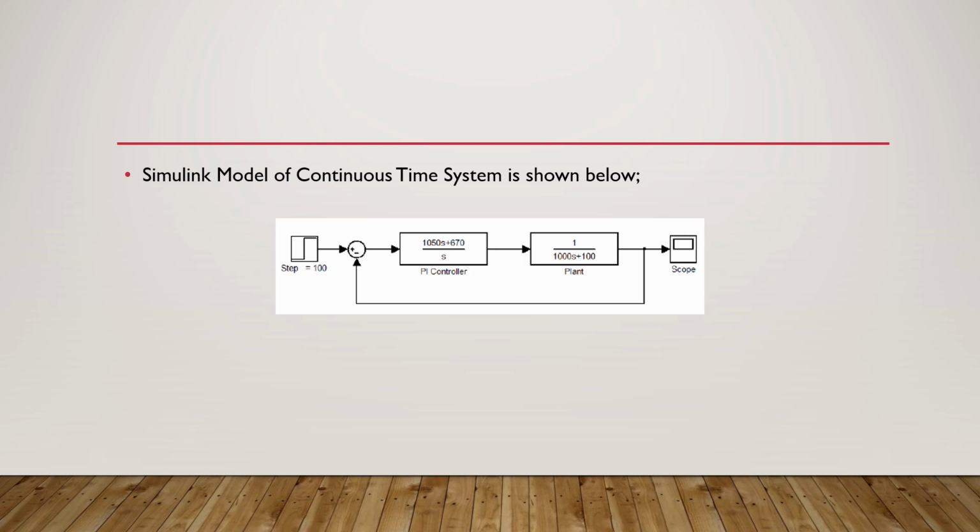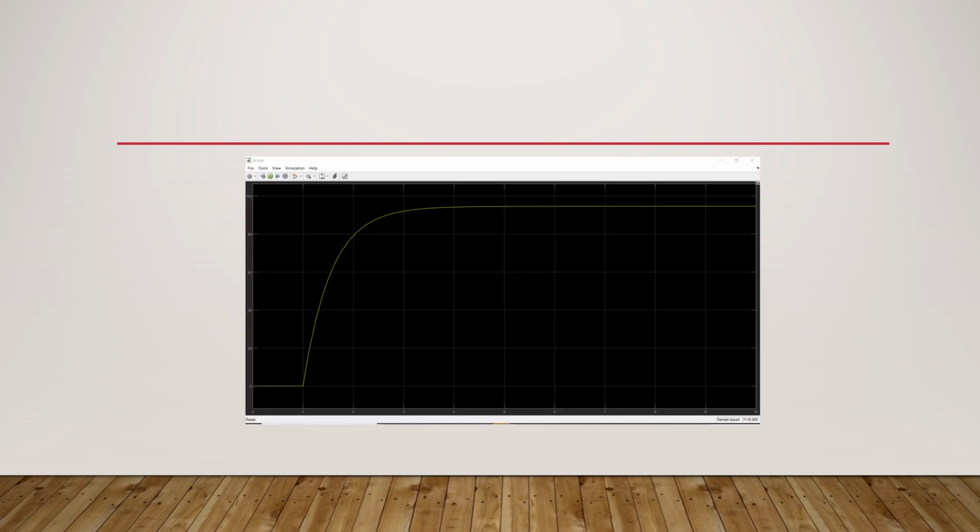After running this model, by double clicking on this scope block, we can see our output. This is the output of the continuous time control system, and the straight constant line shows the constant steady state response for this system.